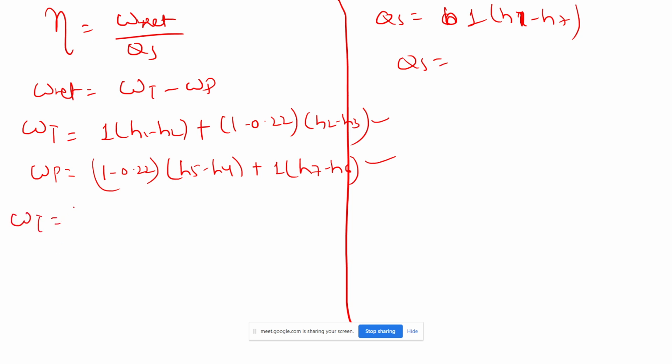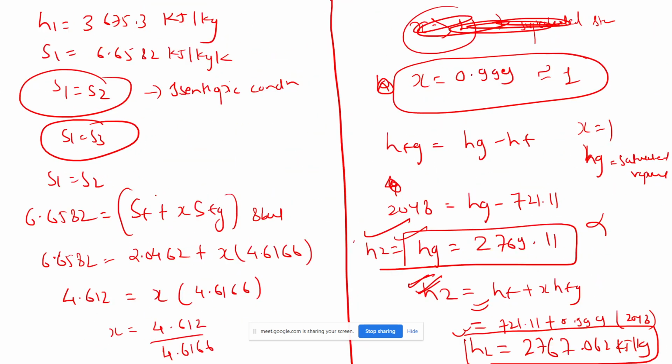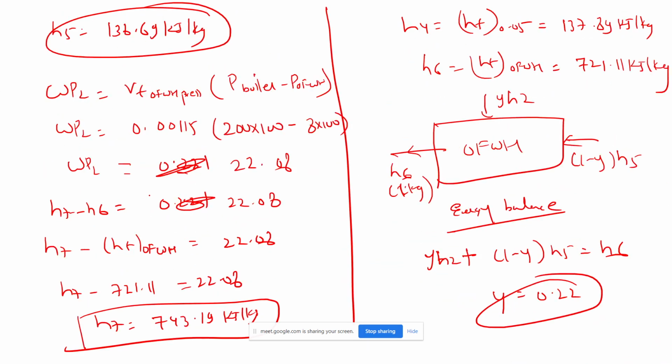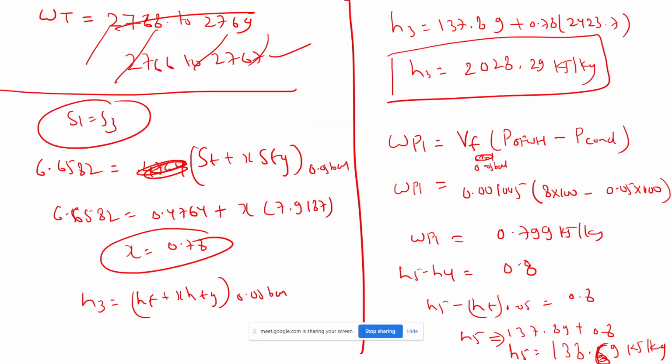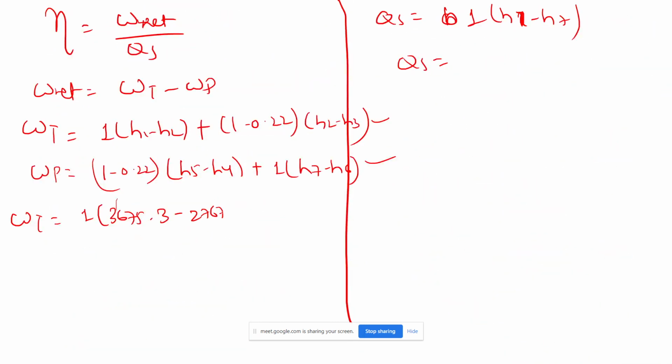So we will put the values: 1 into what is the value of the enthalpy at point 1? We have calculated it already, 3675.3, minus the enthalpy at point 2, 2767.062, plus (1 minus 0.22) into 2767.022.